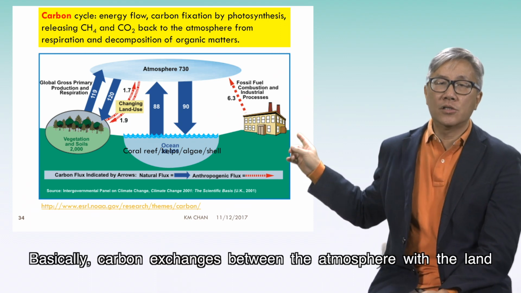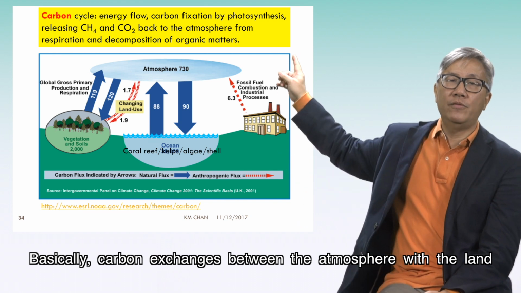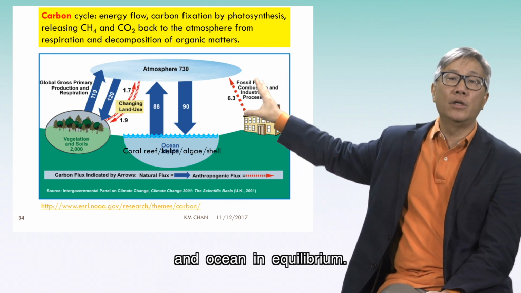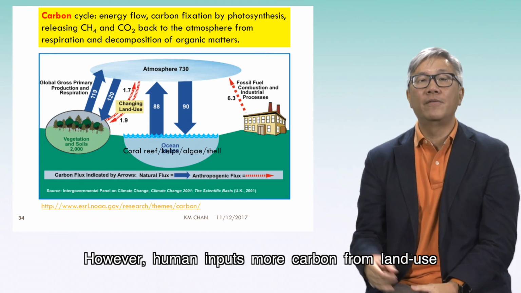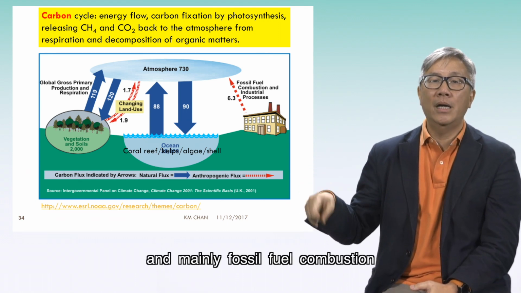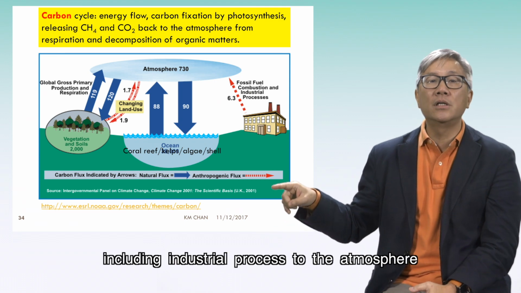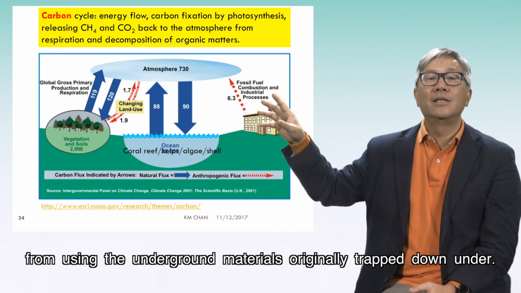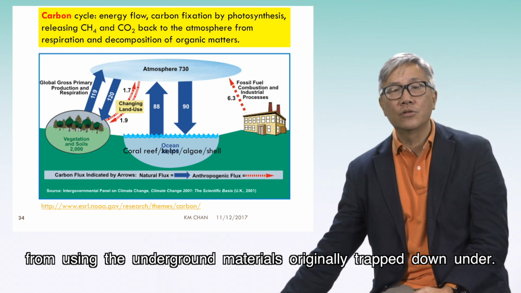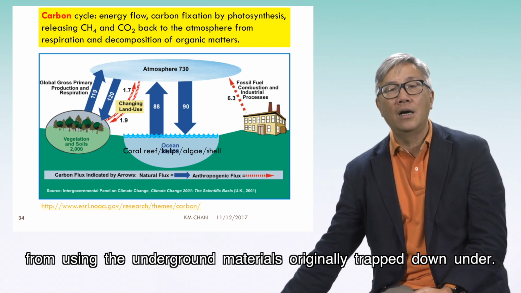Basically, carbon exchanges between the atmosphere and the land and ocean in equilibrium. However, humans input more carbon from land use and mainly fossil fuel combustion, including industrial processes, to the atmosphere, using the underground materials originally trapped down under.